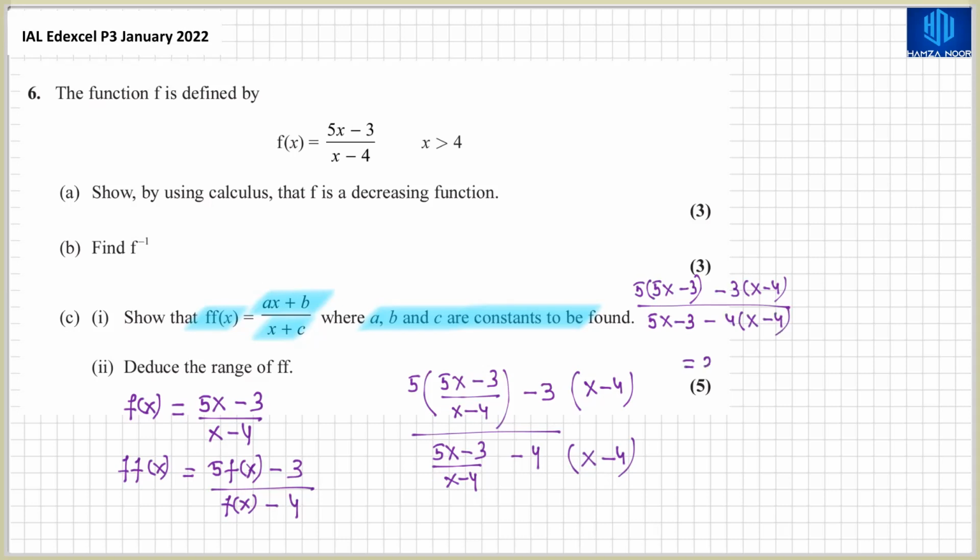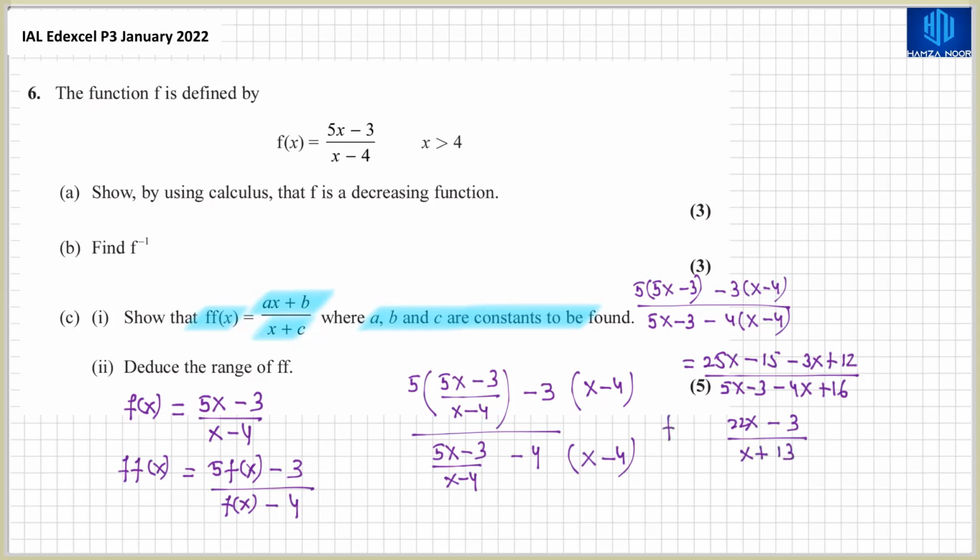Therefore we can say that 25x minus 15 minus 3x plus 12, divided by 5x minus 3 minus 4x plus 16. So therefore 22x minus 3 divided by x plus 13.